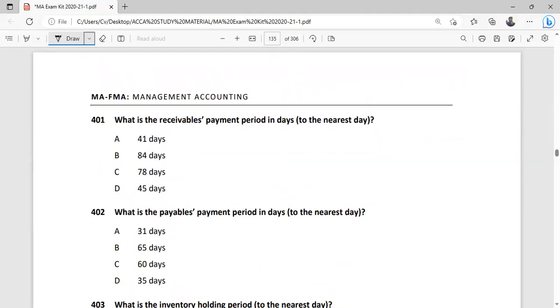Then we have, what is the receivables payment period? Receivables payment period is equal to receivables divided by credit sales into 365 days, or 360 days if provided in the question.